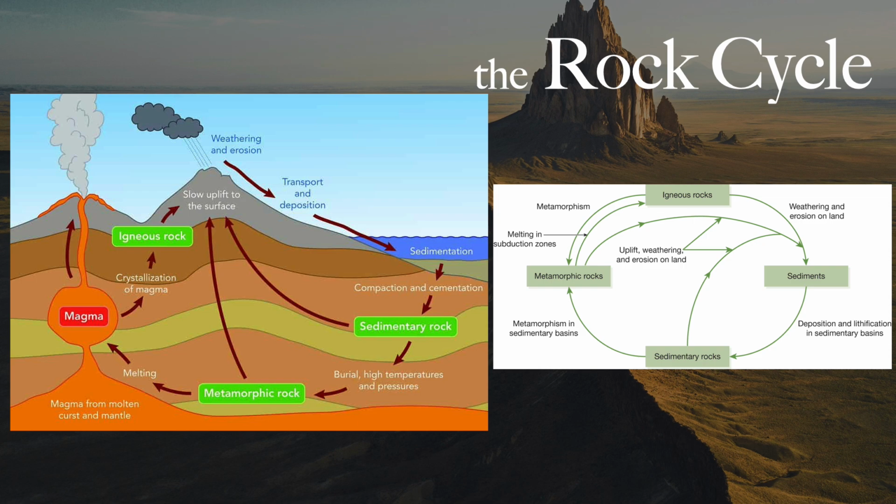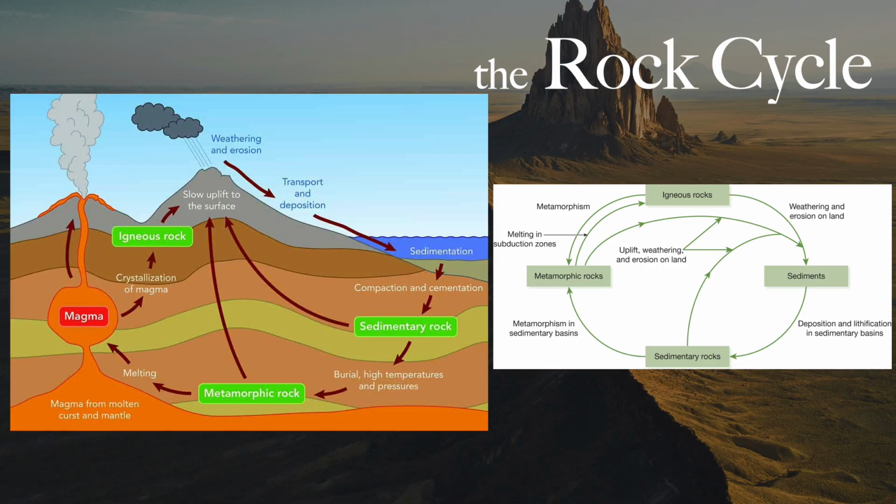Okay, so in the left-hand quarter, if we start from the birth of the rocks, we have our magma from the molten crust in the mantle, rises to the surface through a volcano here, and it is then extruded on the surface to create our basalt, right? Creating our igneous rocks. Once we have an igneous rock, they can then be weathered and eroded at the Earth's surface, becoming sediments, right?